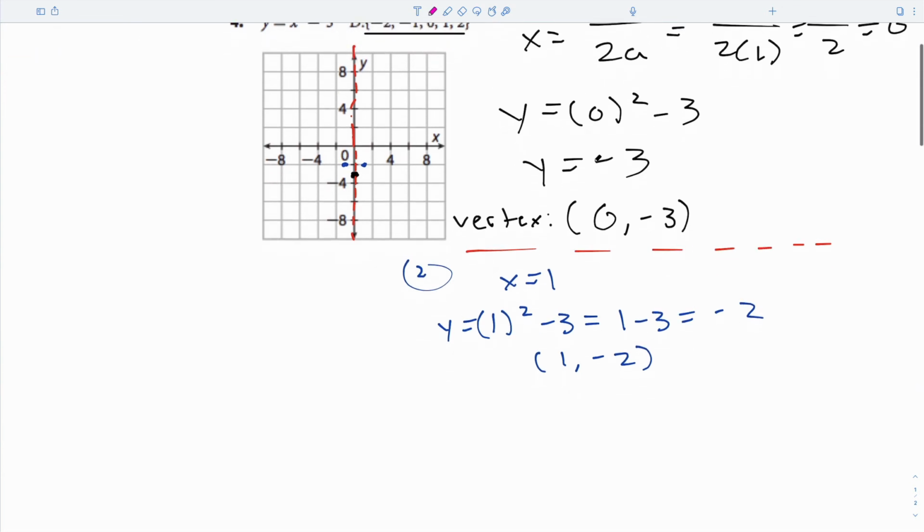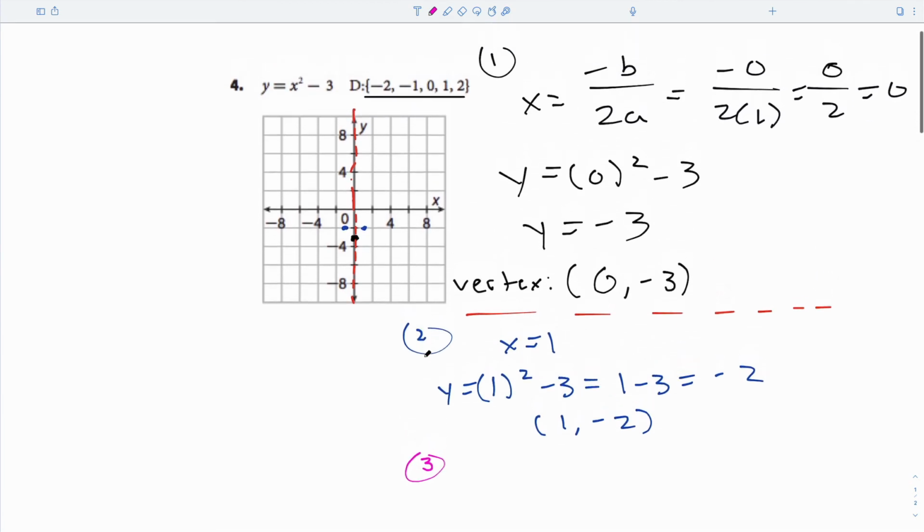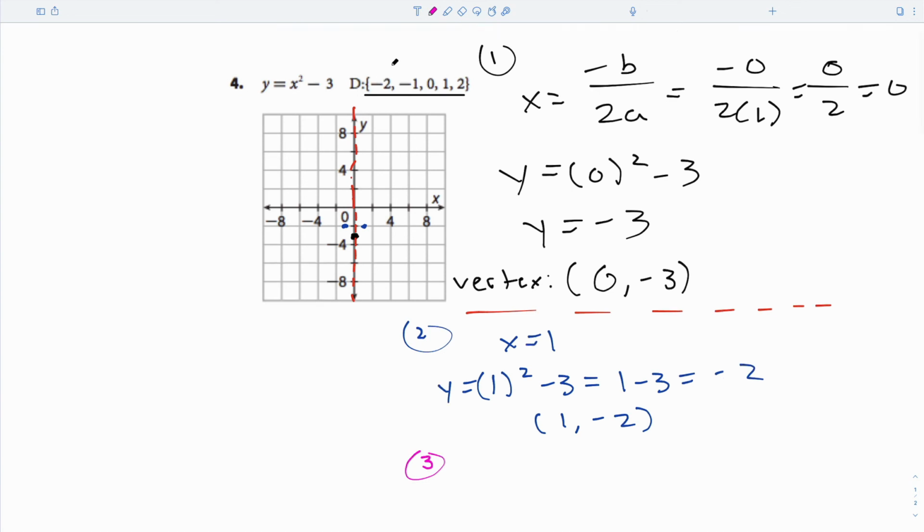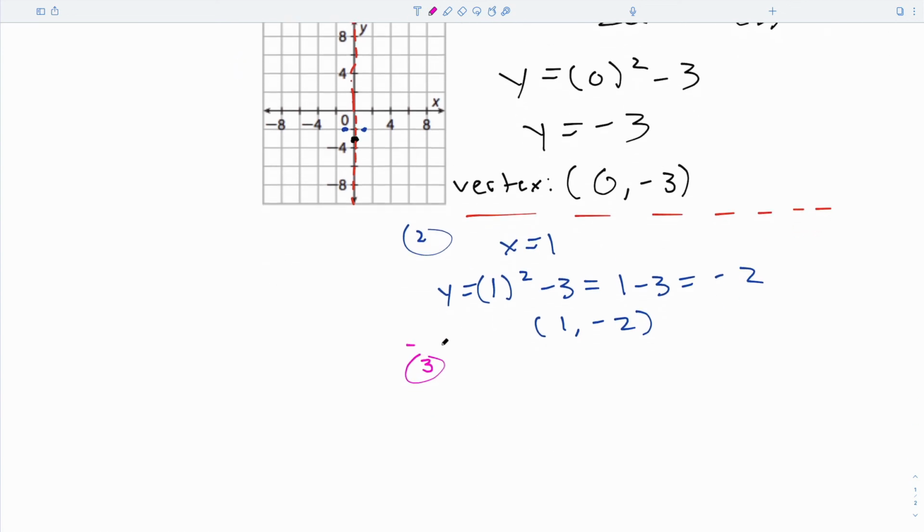Okay, last step is just to find another point. So we're going to use 2 this time, because I know if I reflect across, it'll be negative 2, and I want to work in positive numbers. So what happens when x is 2? The y value is going to become 4 minus 3, which is 1.